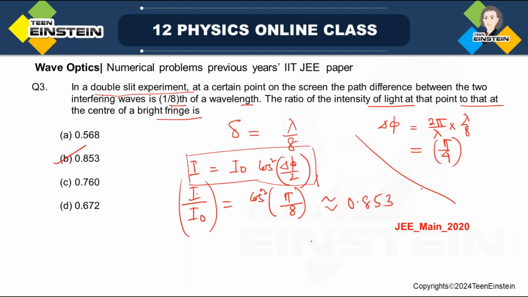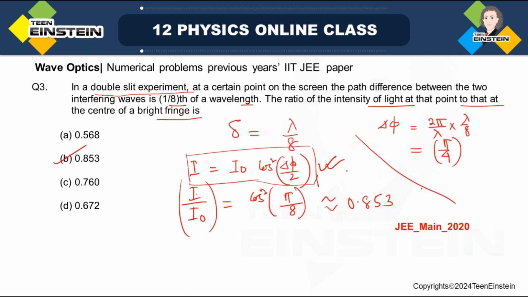You need to know the formula of beta, angular width and linear width, where beta means linear width, for the central one in case of diffraction, maxima, minima, and this formula for Young's double slit experiment, etc. These are the typical types repeatedly asked in different years of the JEE Mains exam.